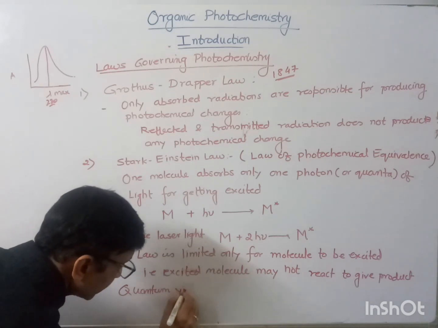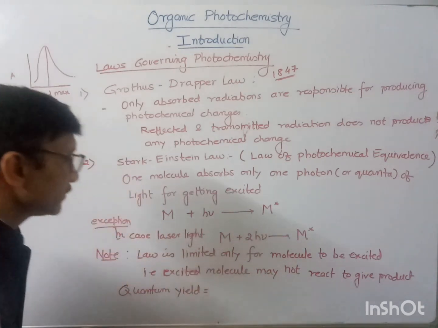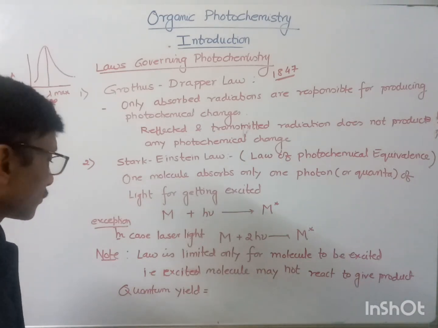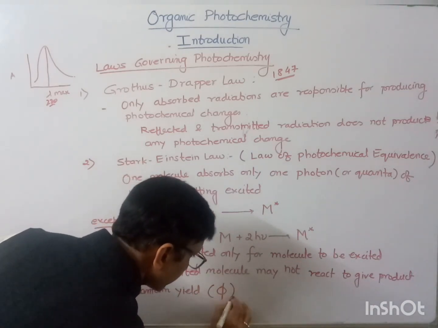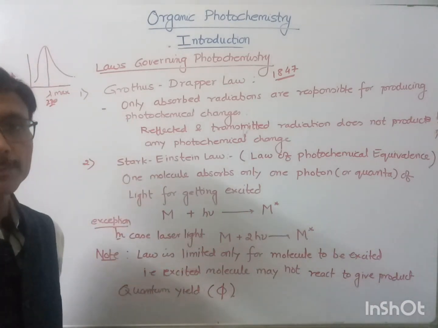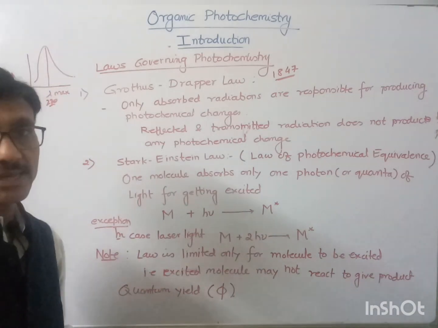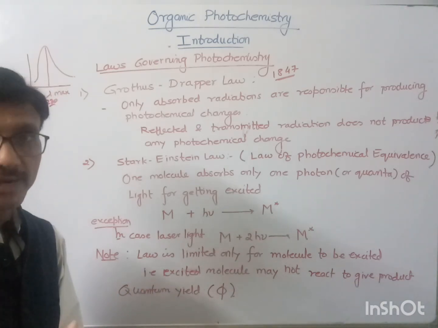The yield of a photochemical reaction is determined by the term quantum yield, and we denote it by phi. This quantum yield may be high or low, depending on whether the excited molecule has reacted completely or not.